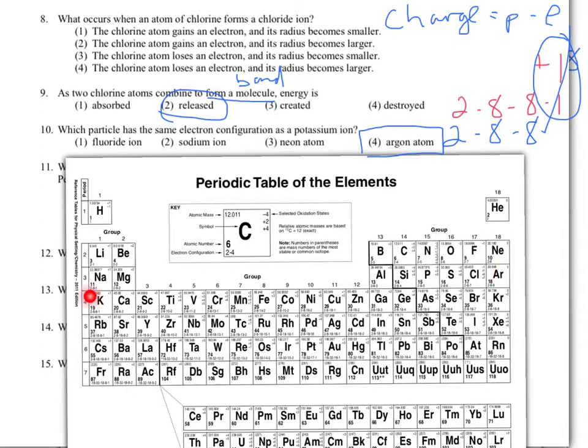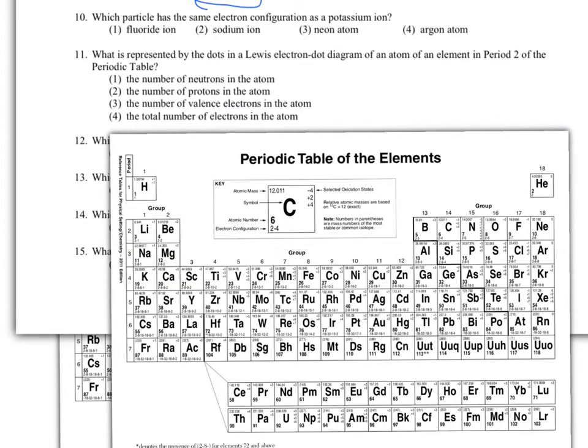A sodium ion has an electron configuration of 2, 8, 1 with a charge of +1, meaning it loses an electron. That means that the sodium ion will have the same electron configuration as neon. And then neon has its own electron configuration, which does not match that of the potassium ion.